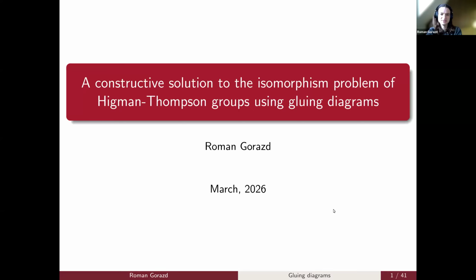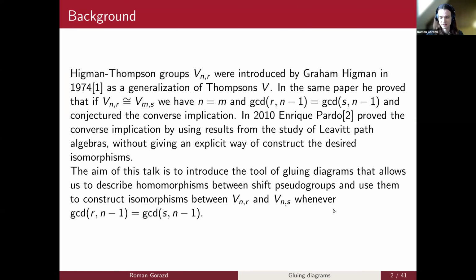So I'll be talking about the isomorphism problem of Higman-Thompson groups. And first, a little bit of background. The Higman-Thompson groups were introduced by Graham Higman as a generalization of Thompson V, and they're very important examples of finitely presented, well, simple or almost simple groups.